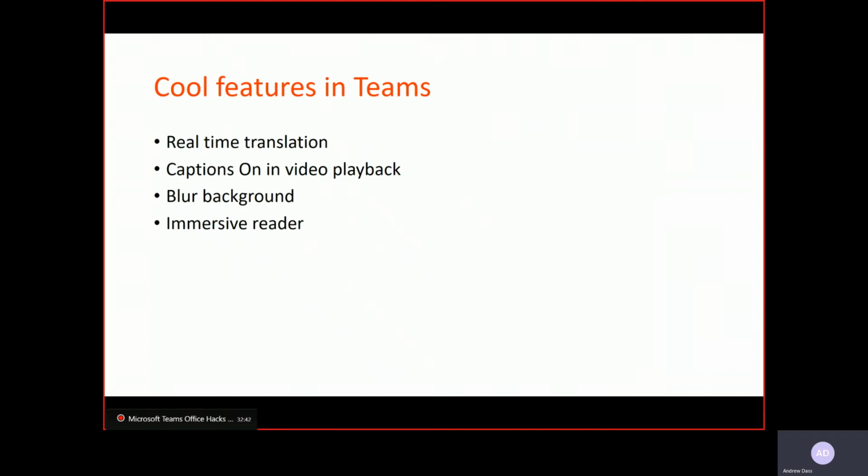So you can turn on immersive reader, which will read back to you the conversation or the chat that's available in Microsoft Teams. It's also able to read in the languages that have been sent to you. For example, if you read in Tamil, you can also read in Mandarin or whatever language is there. So immersive reader is one feature which is really awesome to have as well.